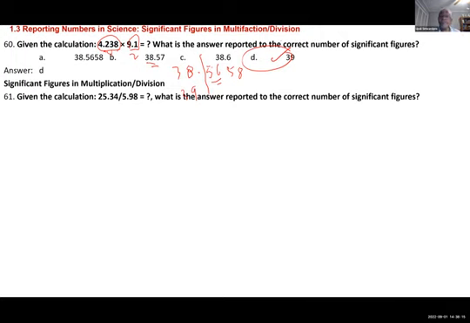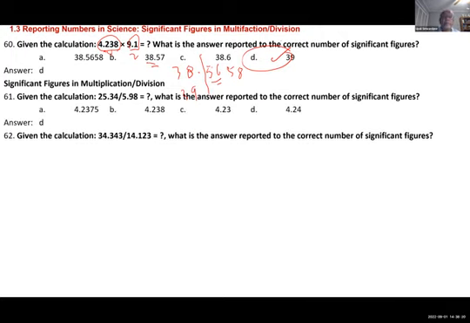So you can do the same thing with other numbers. This has to be rounded off to 5 significant digits. Both are 5. In this case, the lowest is 3 significant digits here. So you can even guess from here. 3 significant digits.